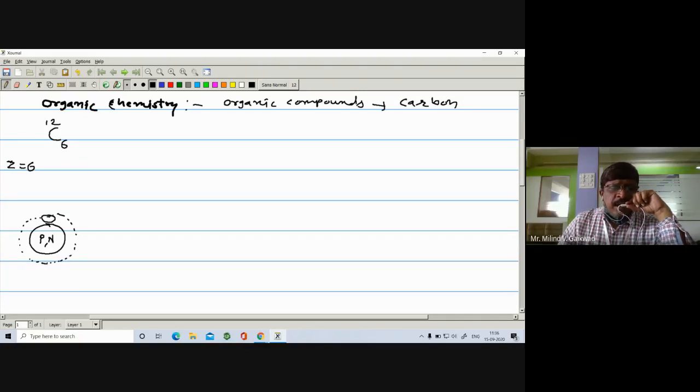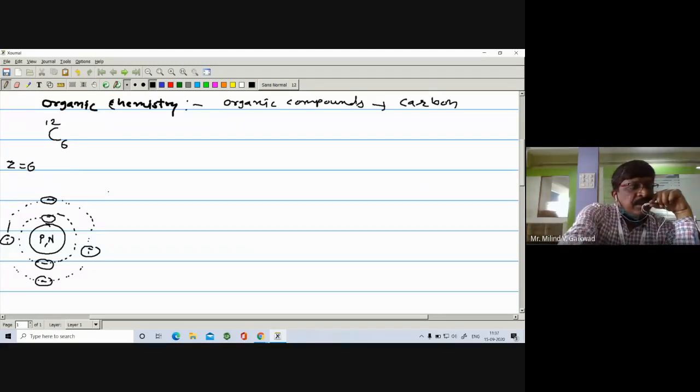In the first orbit there are 2 electrons. In the second orbit there can be up to 8 electrons, but in carbon the outermost orbit has 4 electrons: 1, 2, 3, and 4. So we can write the electronic configuration.